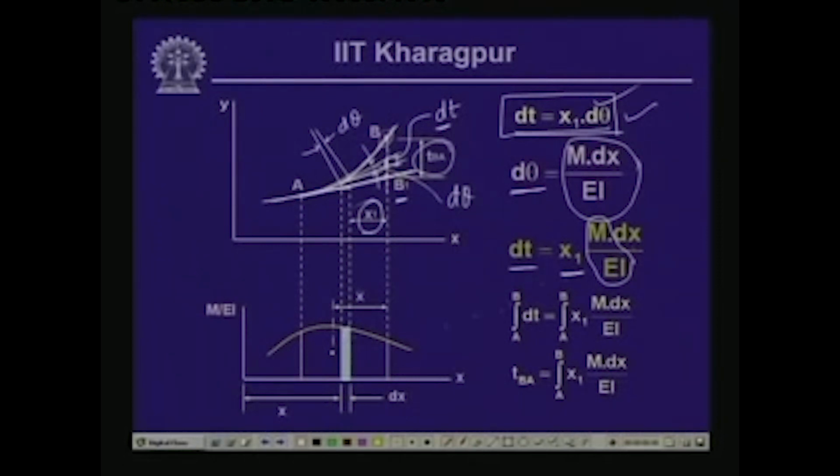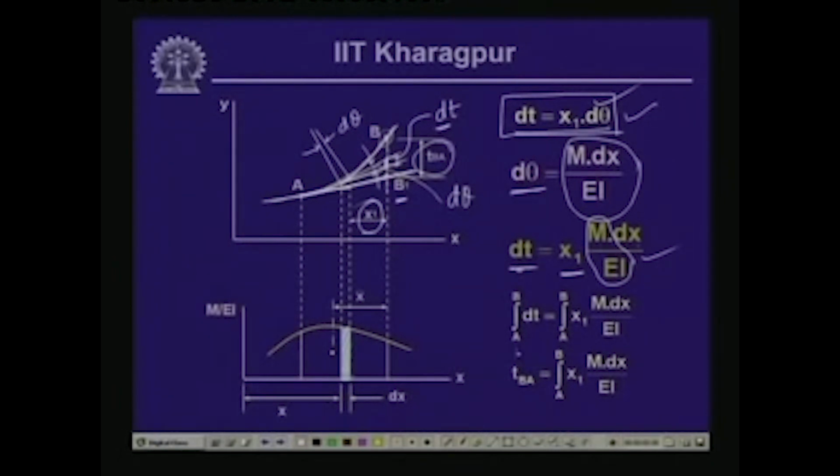Now, M by EI times dx is the area of this particular strip of length dx, and if we take the moment of this area with respect to the point B, it is x1 times this area, that is what is dt. So, if we integrate that dt from A to B, it will give us eventually BB1.